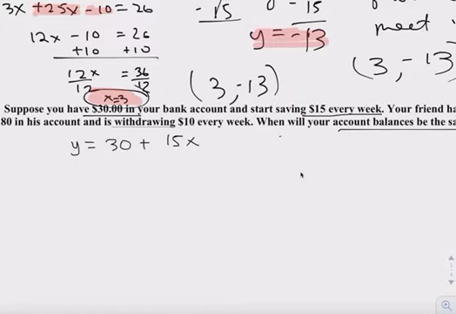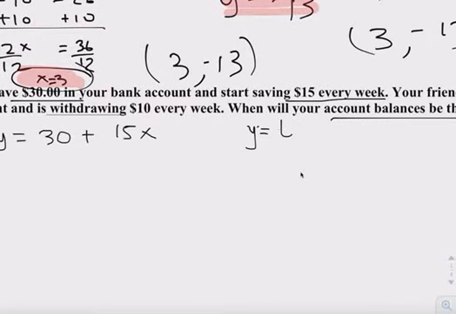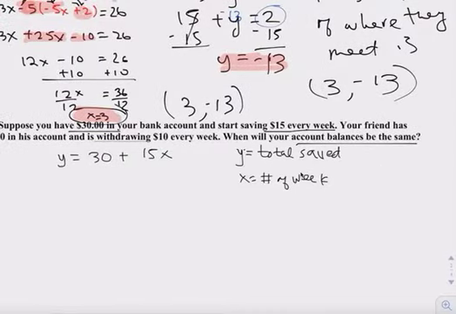Whenever you write an equation, you need to define it. Y is equal to the total saved, because you're saving money here. Don't put total cost. Total saved. X equals the number of weeks. When will your account be the same? That's what you're answering.